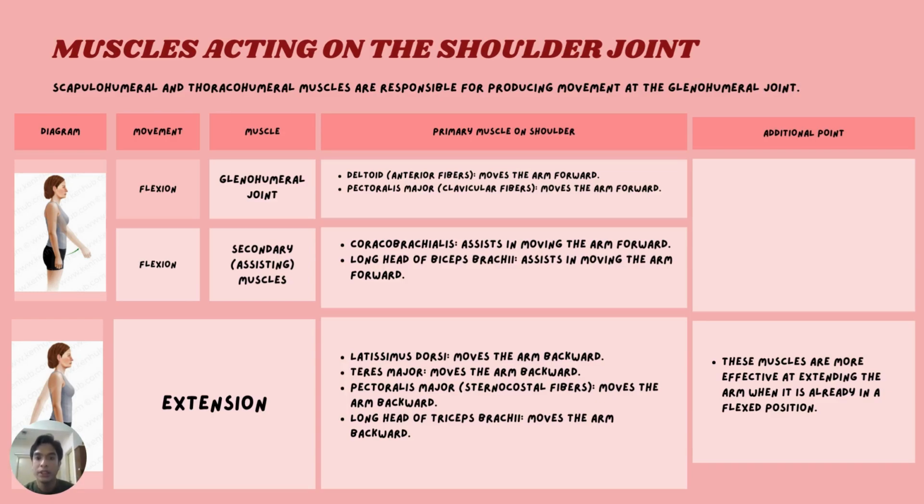So the extension is performed by the latissimus dorsi, teres major, pectoralis major, also known as the sternocostal fibers, and the long head of triceps brachii muscle. Of note, these muscles have a stronger action when acting to extend the flexed arm.